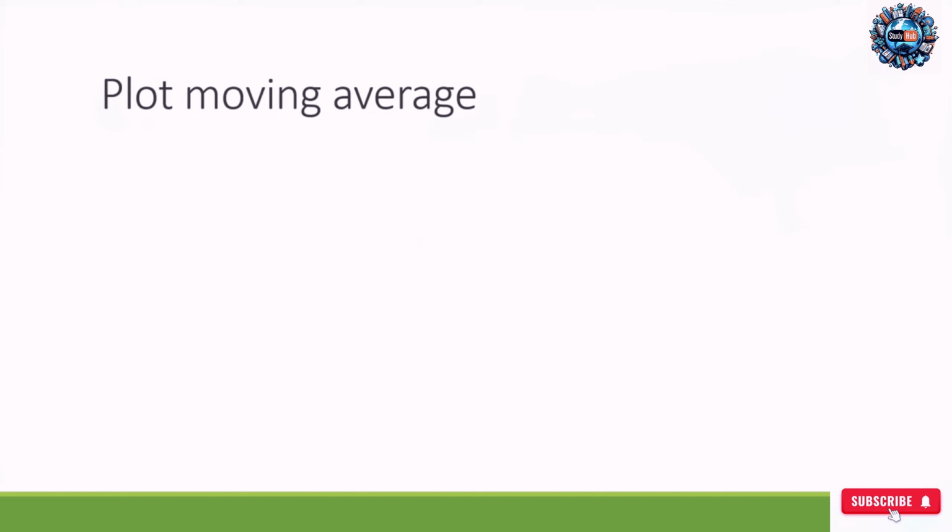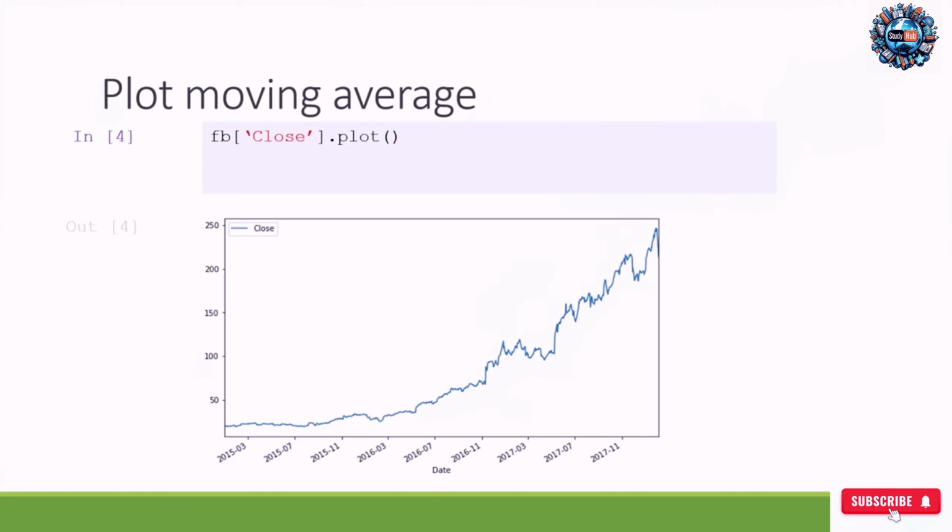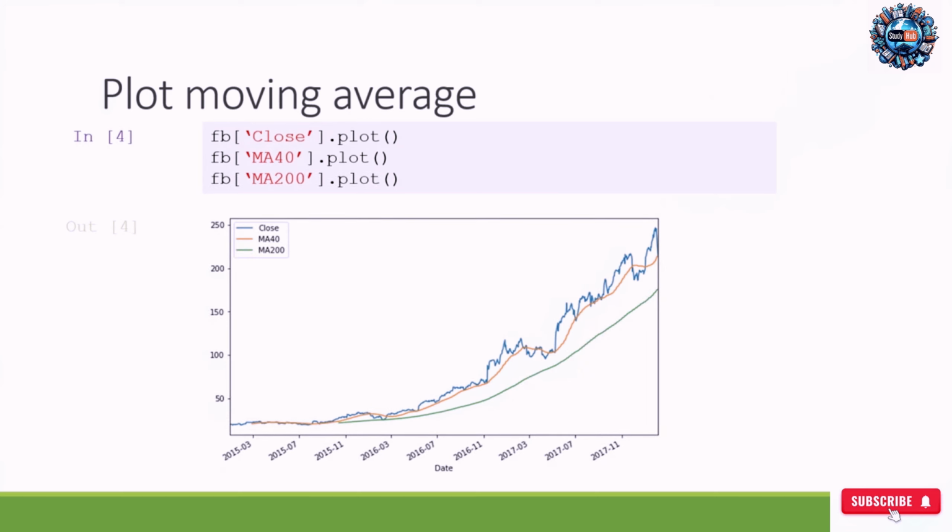Now, let us plot these moving averages and compare them with close price. We first plot close price, then moving average 40, and finally moving average 200. You can see both moving averages smooth the original close price.